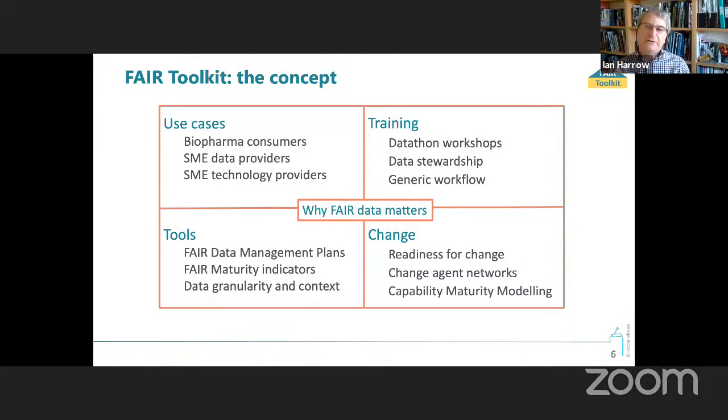A fourth component of our toolkit, part of the methods, is change. Change management, again, is so important for the implementation of FAIR.